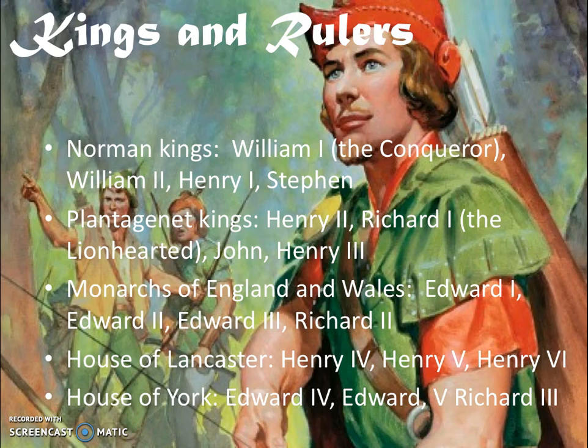The monarchs of England and Wales following them were Edward I, Edward II, Edward III, and Richard II. The House of Lancaster came next with Henry IV, Henry V, and Henry VI, followed by the House of York with Edward VI, Edward IV, Edward V, and Richard III.